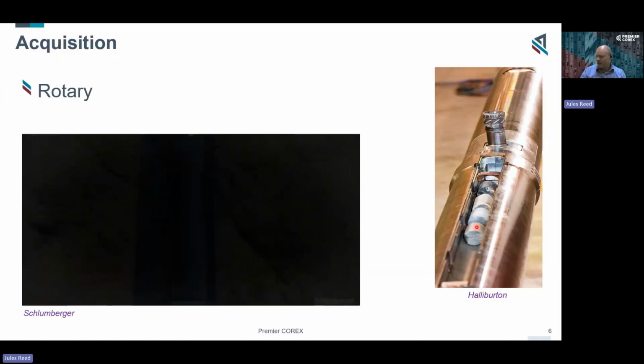And this one is showing 1 inch. So this is the standard 1 inch rotary size. But these days you can also get the larger XL Rock or Max Core 1.5 inch diameter samples.